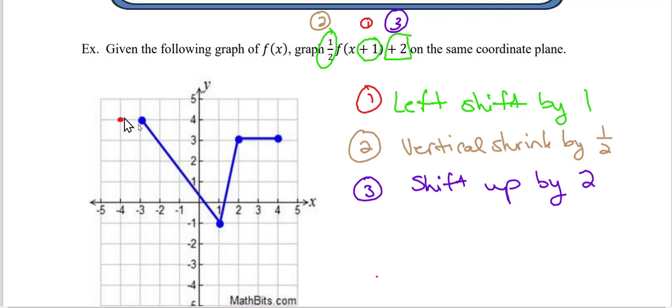Let me go through that one more time. I just moved this point here, shifted it left by 1, that takes it over to -4, 4. Shrink by 1/2 is going to take it to -4, 2, because I'm multiplying the y value of 4 by 1/2. Then shifting up 2 will take it back up to -4, 4.